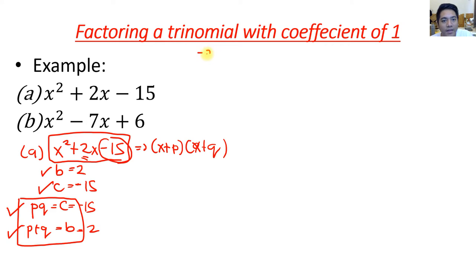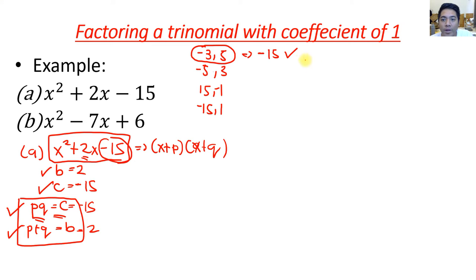There are many factors of negative 15. You can have negative 3 and 5. You can have 5 and negative 3, correct? You can also have 15 and negative 1. So let's try negative 3 and 5. If we multiply negative 3 and 5, because that's the requirement, pq equals c, where c equals negative 15, it results to negative 15, which is correct for pq equals c.